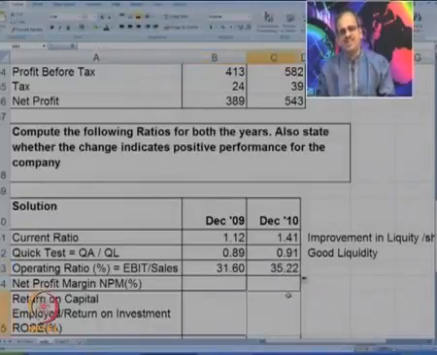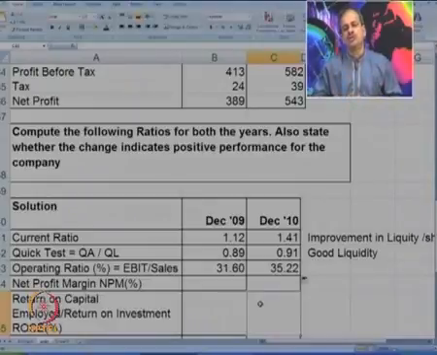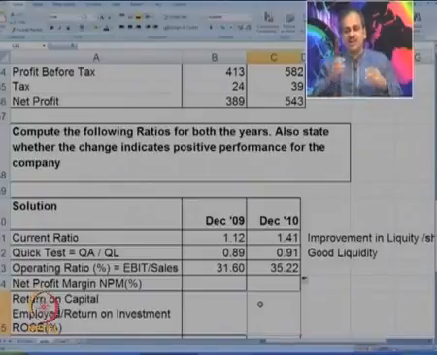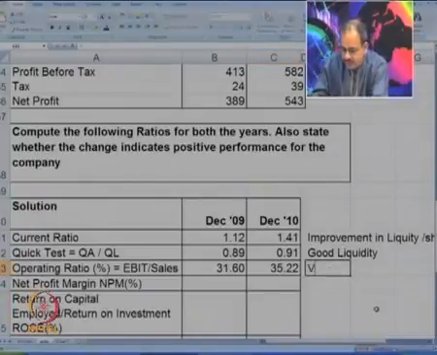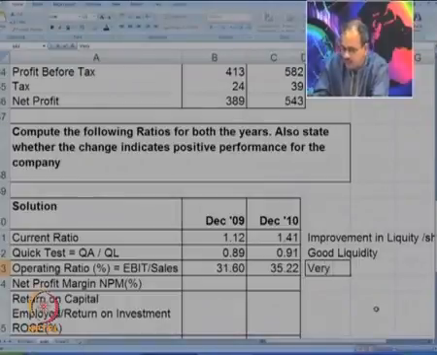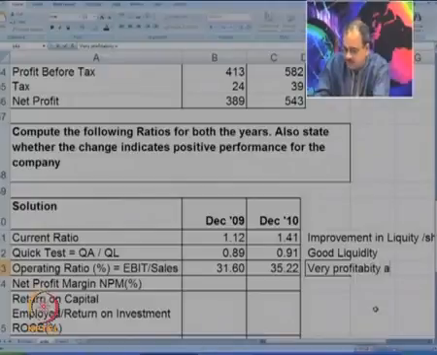We will drag it to next year, we are getting 35%. So, the profit ratio is really very good and it has further improved. So, you can say very good profitability and has improved further.